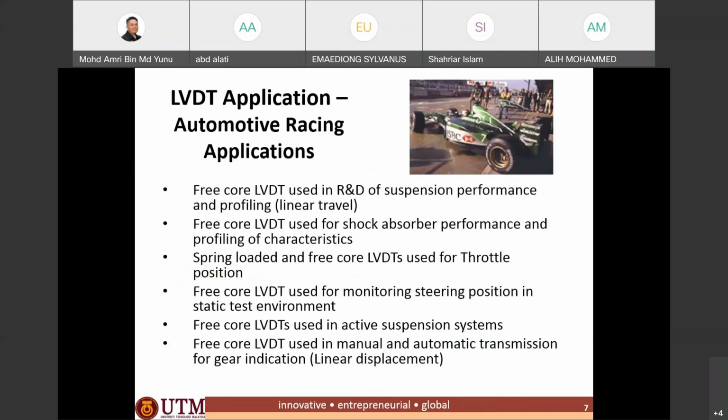Some applications of LVDT are used in automotive, for example in racing vehicles, and then the free core linear variable differential transformer is used in R&D to check the performance and profiling of the damping system.